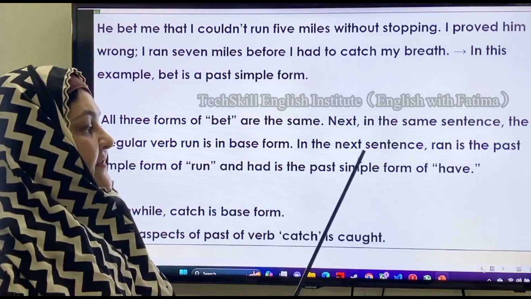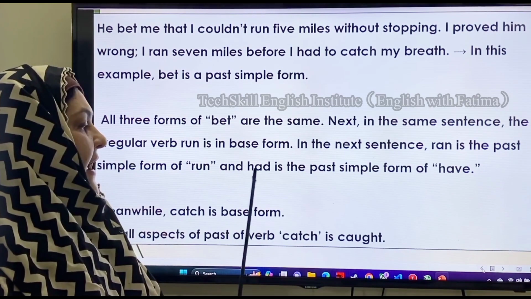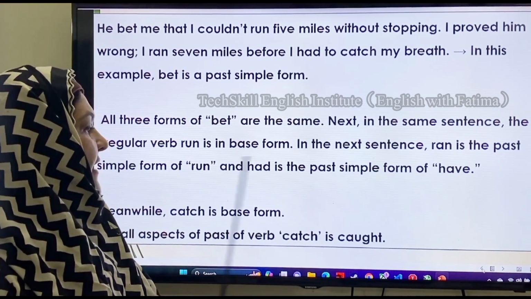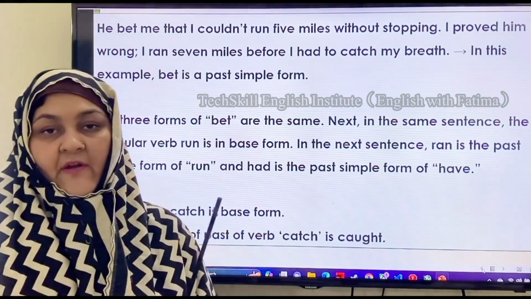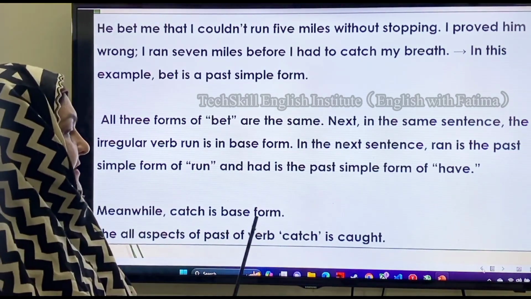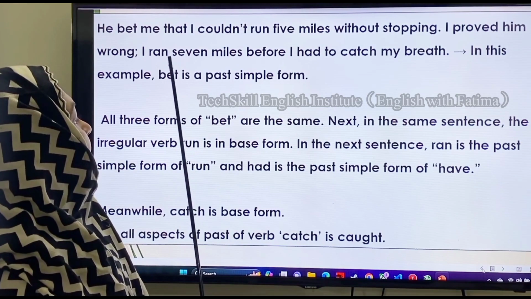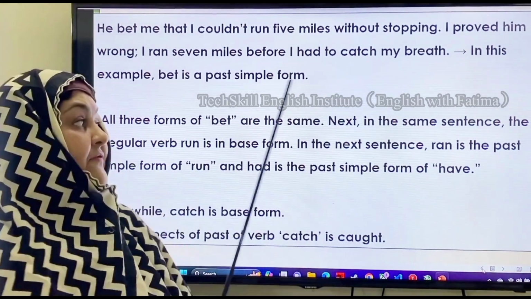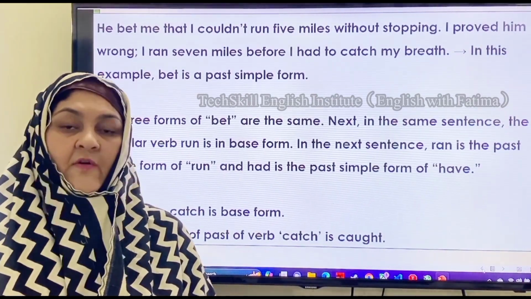In the next sentence, ran is the past simple form of run and had is the past simple form of have. So had, have, run: these are also irregular forms of verb. Meanwhile, catch is a base form. In this example, ran 7 miles before I had to catch, there is another verb, catch. The past form of catch is caught.